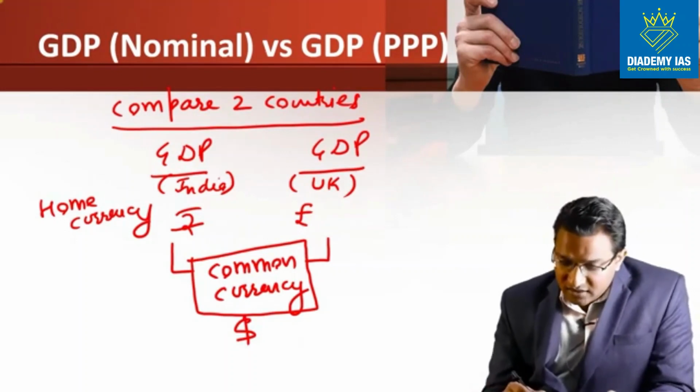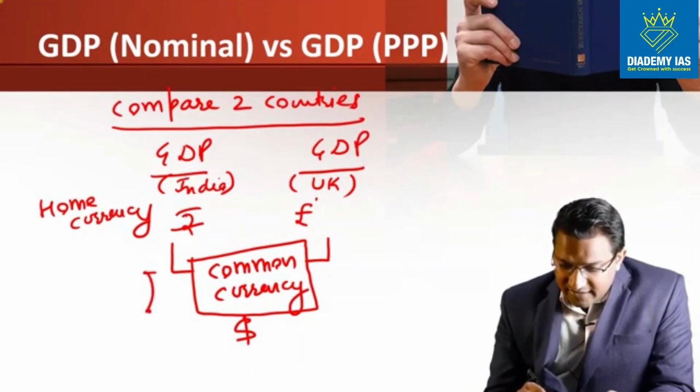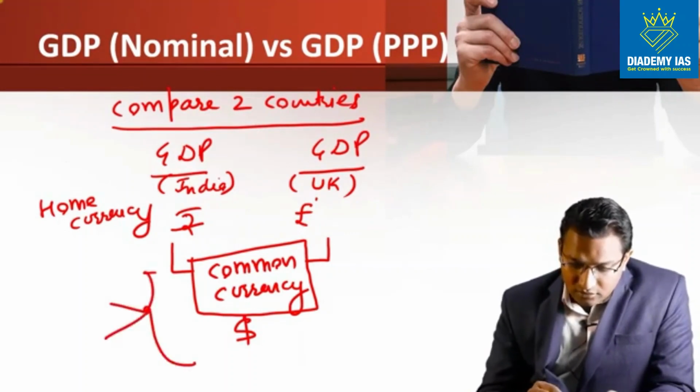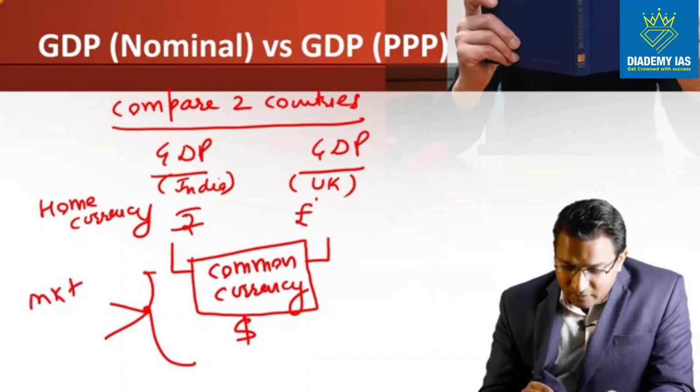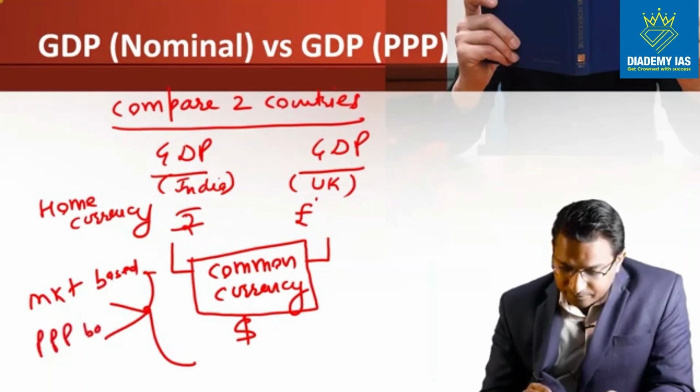Now this conversion from rupee and pound into the common currency, this can either be based on the market based exchange rate or it can be based on the PPP based exchange rate.